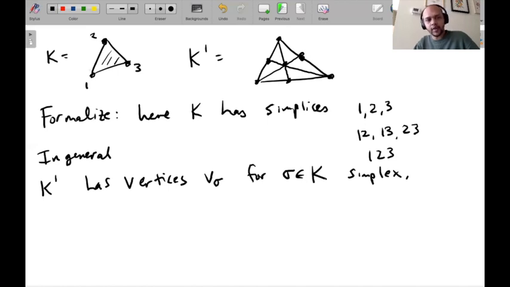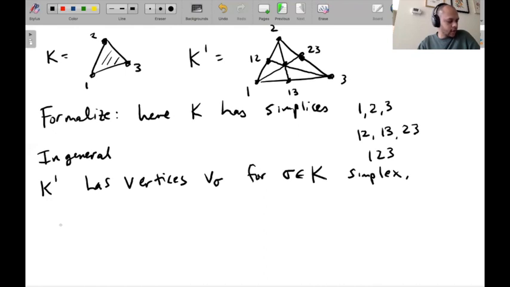For example, in this case, we have 7 simplices, and there are 7 vertices here. So there are the original vertices, and then there's a vertex 1 2, 2 3, and 1 3. And then in the center there's a vertex 1 2 3 for the face spanned by 1, 2, and 3.